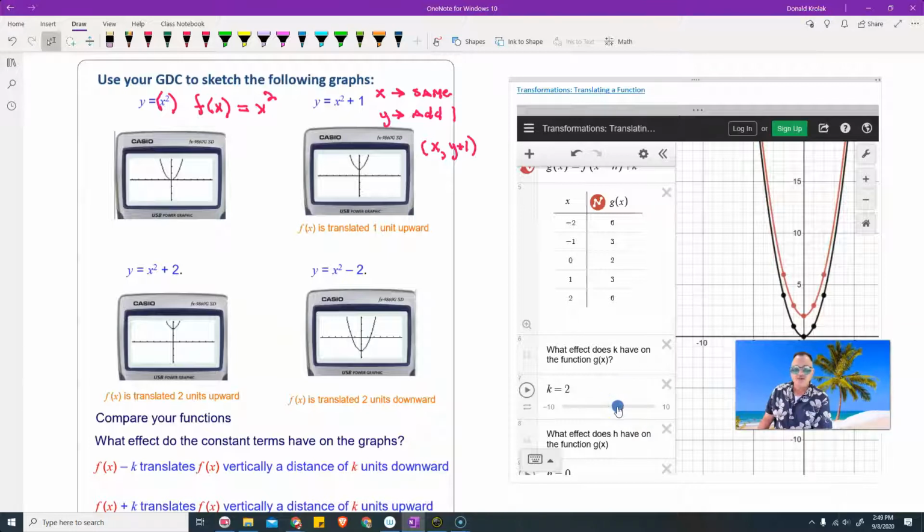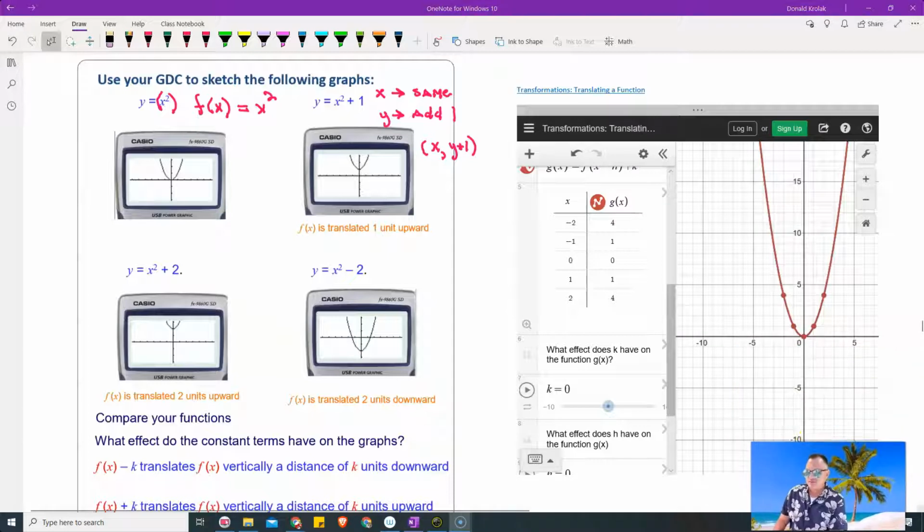All right, and then conversely, if I subtracted 2, it's going to slide everything downward. Okay, but the x-coordinates stay the same, it just affects the y-coordinate, which makes sense because what we're doing is we're adding and subtracting from the output, and the output is the y-coordinate. So that's the only thing that gets affected.